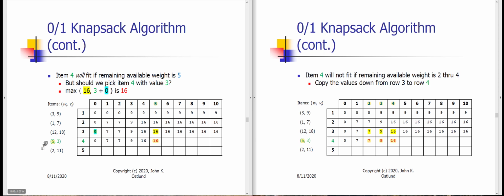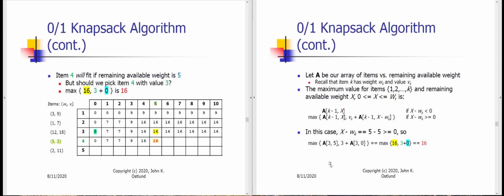Pardon me, 5 is the weight. 3 plus 0. So 3 is the value of item 4. And if we consider 3 plus 0, of course that's only 3. And so the maximum is going to be the 16 that we got from just considering items 1 and or 2 and or 3. Okay, continuing on.